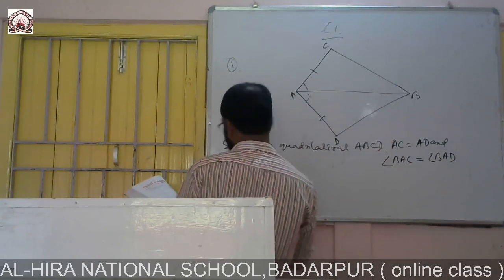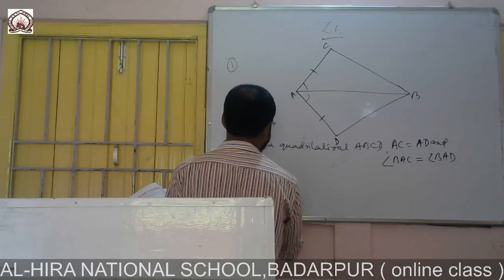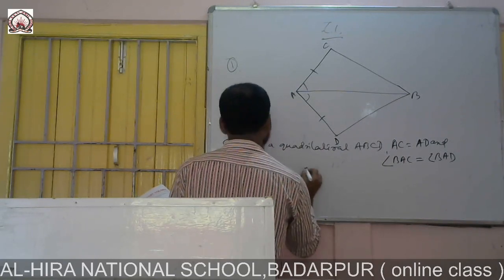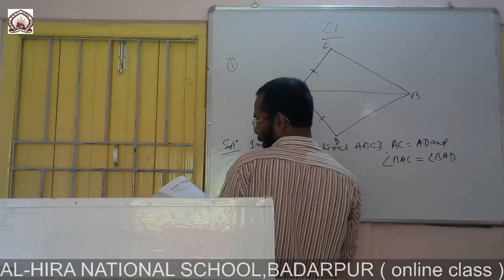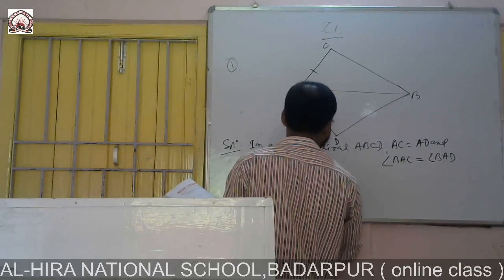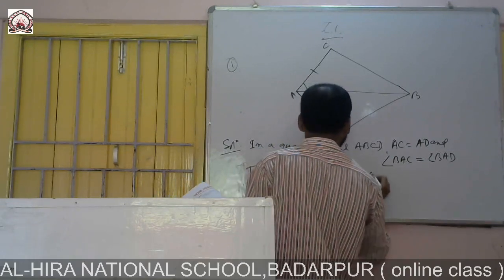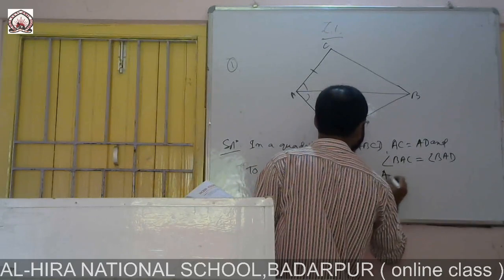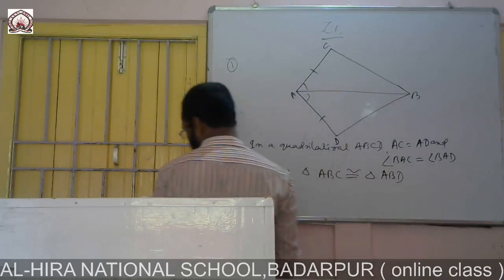To prove: triangle ABC is congruent to triangle ABD. Whatever is given in the question, you write this.